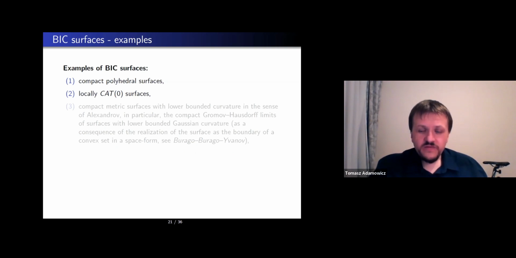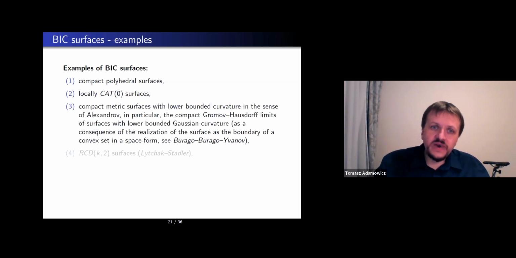So, do we have many examples of Alexandrov surfaces? In fact, quite many. For example, compact polyhedral surfaces are Alexandrov surfaces, as well as locally CAT(0) surfaces. Then compact metric surfaces with lower curvature bound in the sense of Alexandrov. In particular, the compact Gromov-Hausdorff limits of surfaces with lower bound Gaussian curvature. This class of examples is well described in a book by Burago and Ivanov.